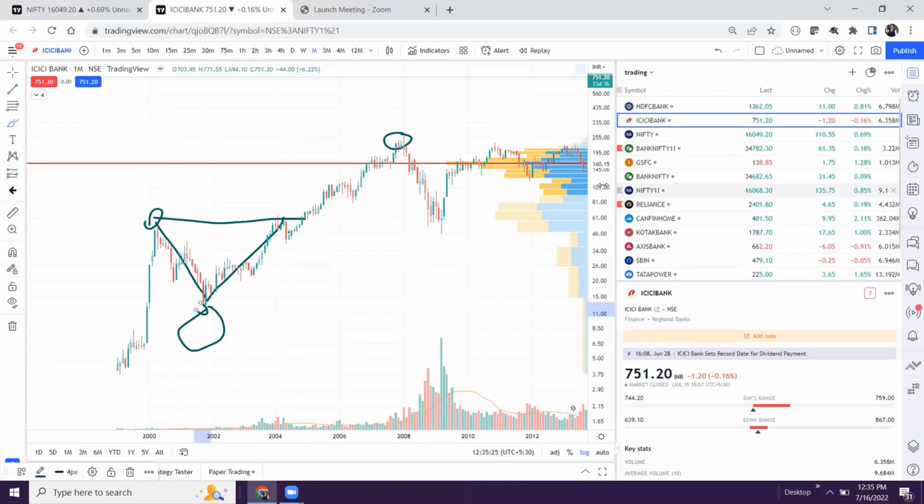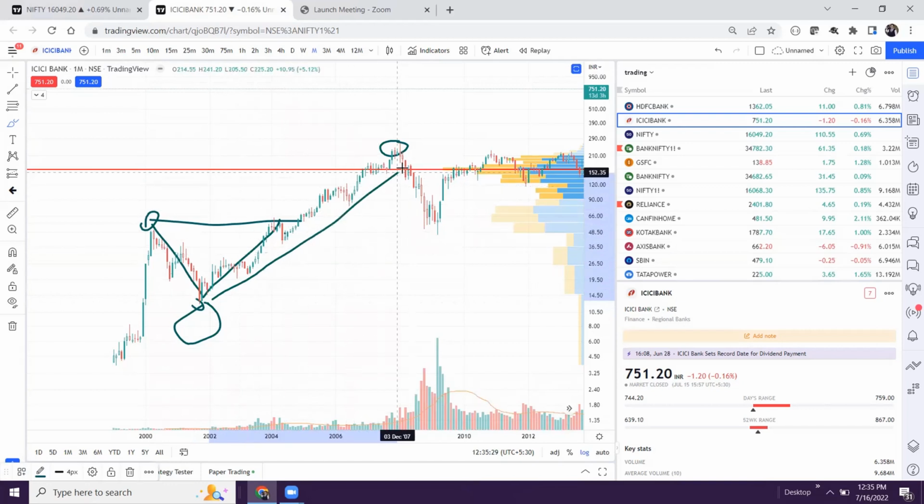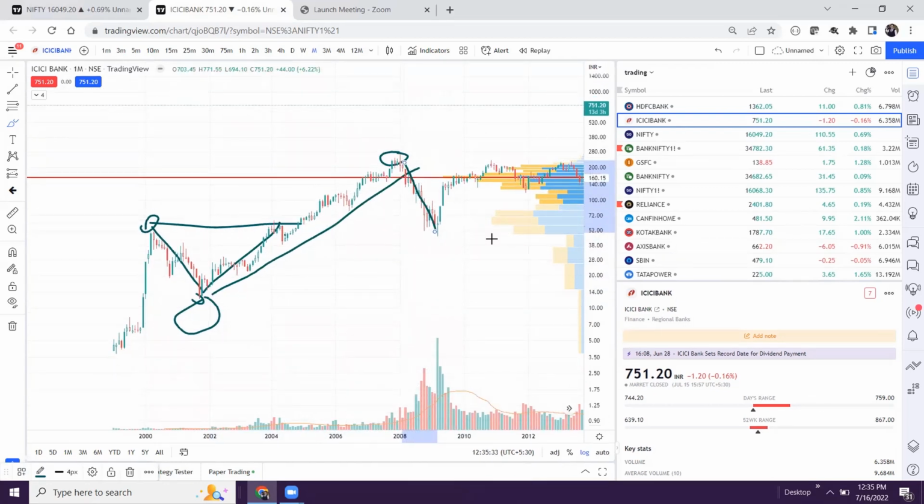Now when it makes a dip, you can draw a trend line here and you see it falling like this. So this is the dip. This dip should be bought, and at this time you don't have to trail the stop loss here. Stop loss is here only.